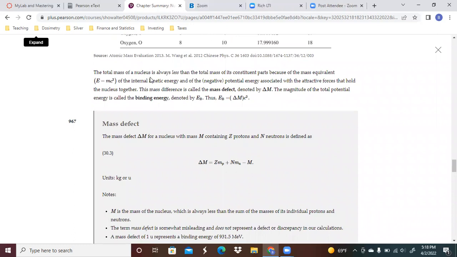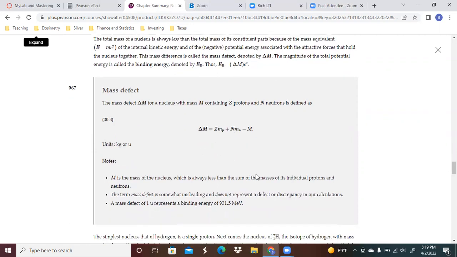The total mass of a nucleus is always less than the total mass of its constituent parts, because of the mass equivalent of the internal kinetic energy and of the negative potential energy associated with the attractive forces that hold the nucleons together. This is called the mass defect, and it's denoted by delta M. The magnitude of the total potential energy is called the binding energy, so the binding energy is the mass defect times the speed of light squared.